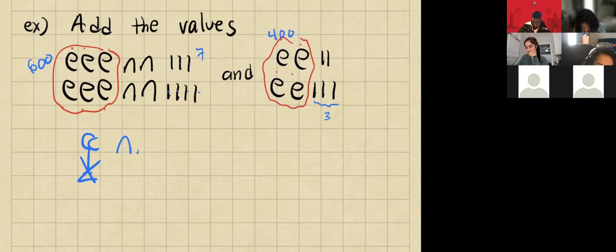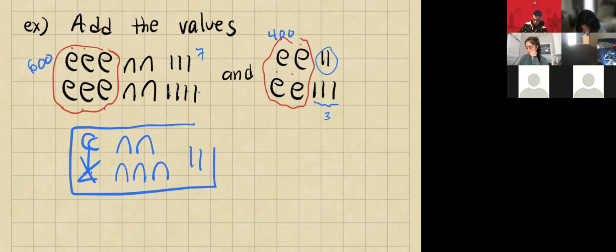So we can have 1, 2, 3, 4, 5. And then what's left over is the 2, so we get 2 rods there. Did we get that? Yes. Cool. All right. Sweet.